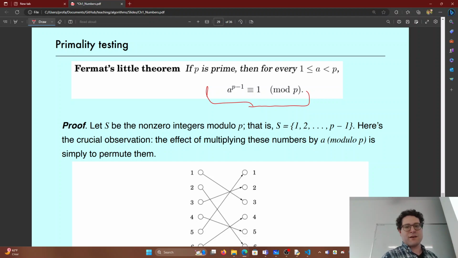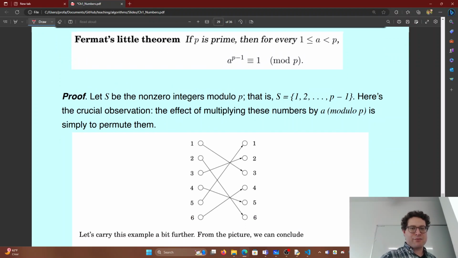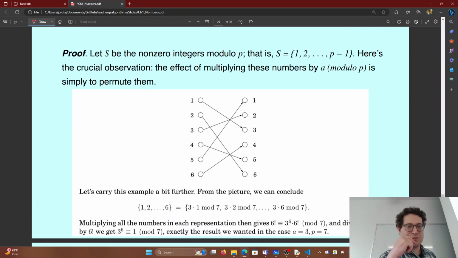So if a to the p minus 1 is congruent with 1 mod p, then p is prime is a false statement, not necessarily a true statement. Okay, keep that in mind, but we're going to use it like it is. Okay, so how do we prove this? I actually really think this proof is silly, and it's clever, but let's go ahead and prove this.